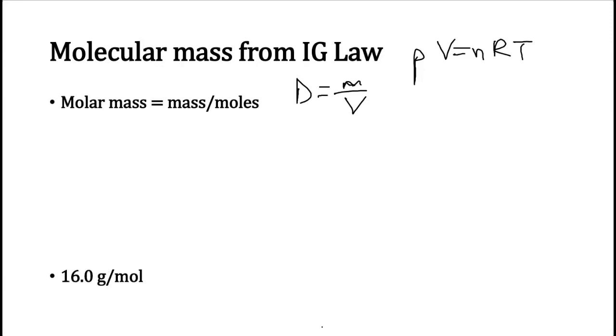So we need to get volume in the denominator, but which one of these terms over on the right-hand side of the equation can be converted to mass? Well, temperature can't be converted to mass. R is the gas constant, so it's n. Well, how is n related to mass?